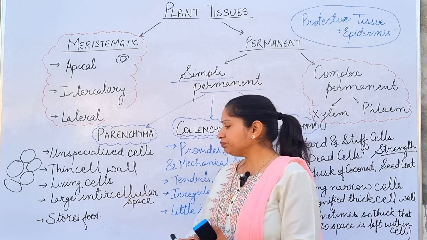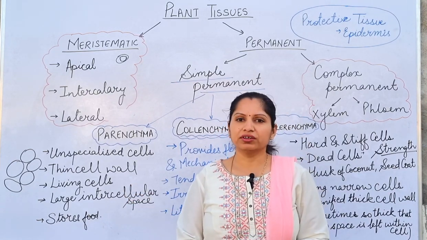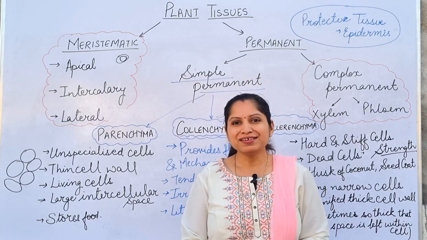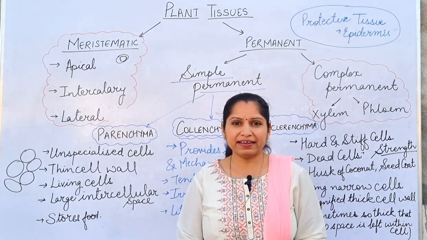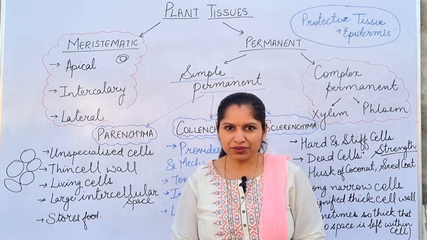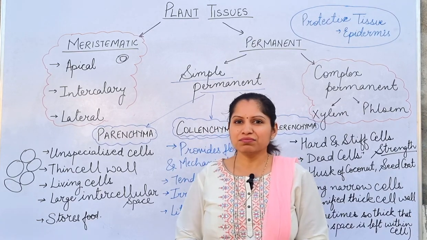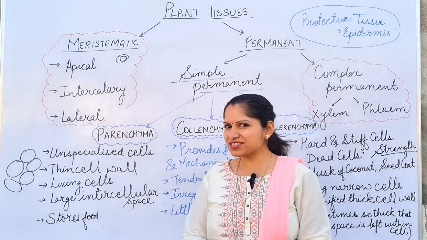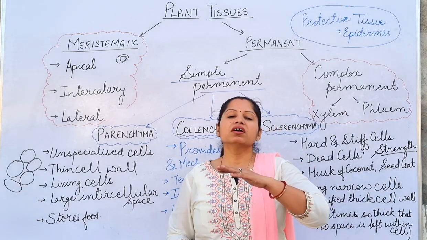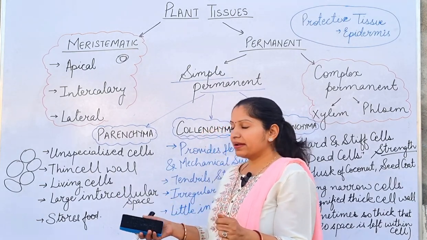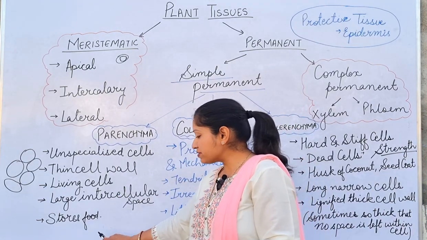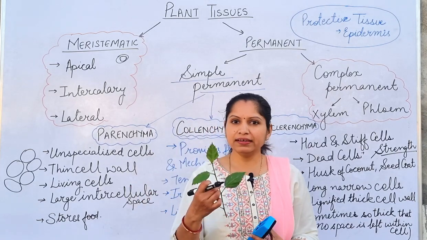So they are not very closely packed to each other. Okay, and they store the food. They are the place where the plant is going to store the food. So, actually, when you are eating an apple or a potato, you are mainly consuming the parenchyma tissues of that. Isn't that interesting? Now, apart from that, parenchyma tissues sometimes have chlorophyll in them that gives the green color to the leaves.